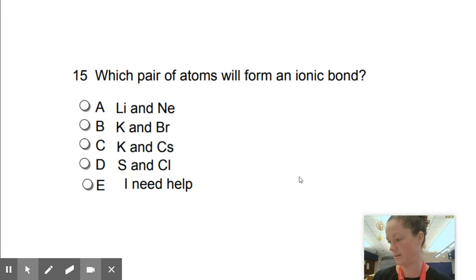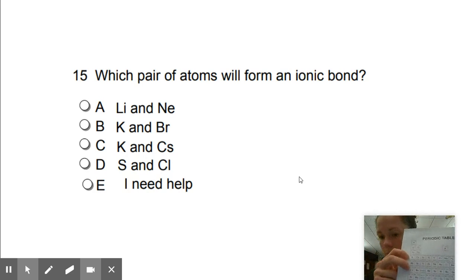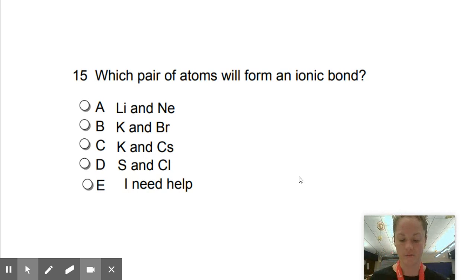K and Cs: Cs is in the same column, column 1, so they would only have 1 each, and they would not bond. They are both metals. S, sulfur, and Cl are right next to each other.